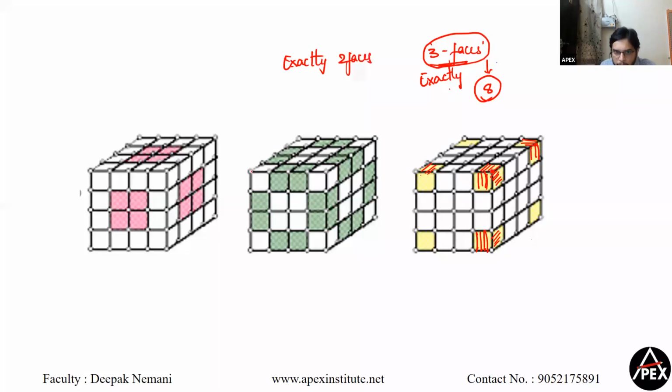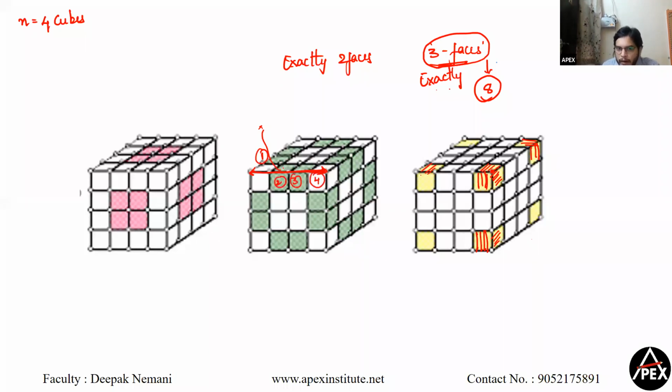Okay. Now, let me consider this edge. How many cubes do we have along each edge? We have 4 cubes, isn't it? So if I consider this edge, let this be number 1, this is 2, this is 3, and this is 4.